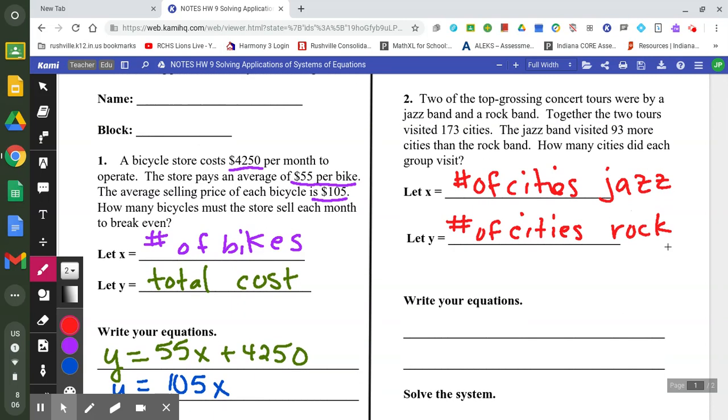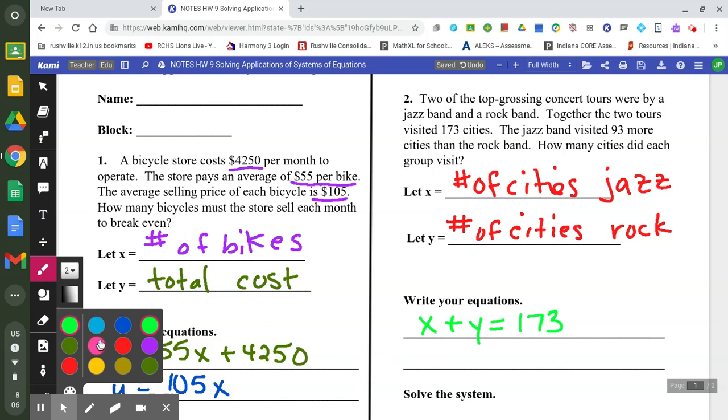And so my equations then, I have: so together the 2 tours visited 173 cities. So the number of jazz plus the number of rock is 173.